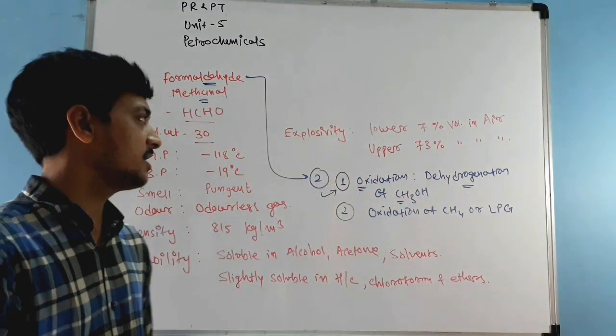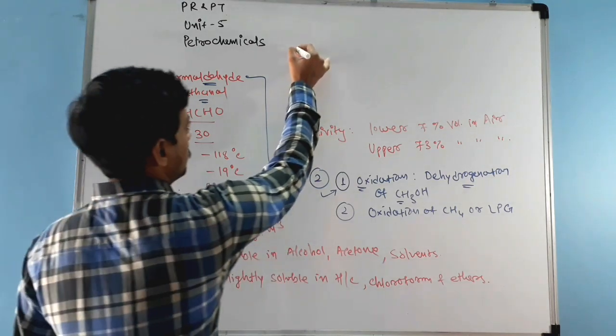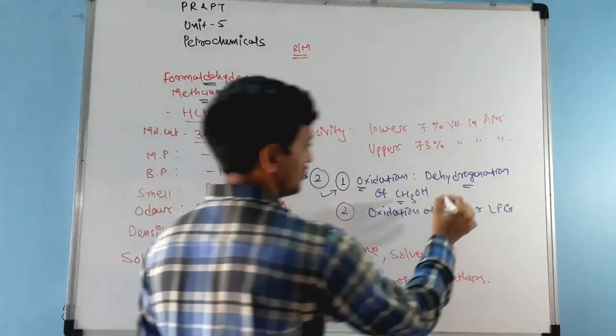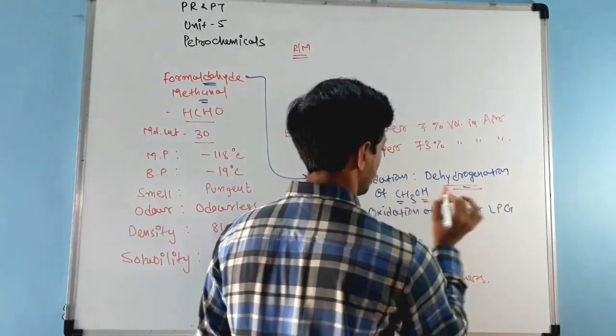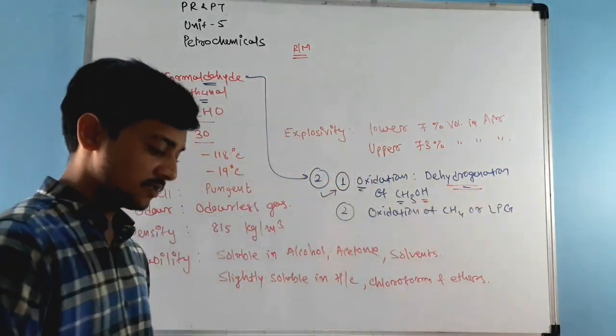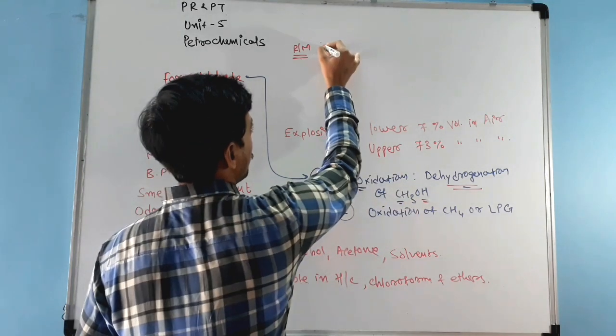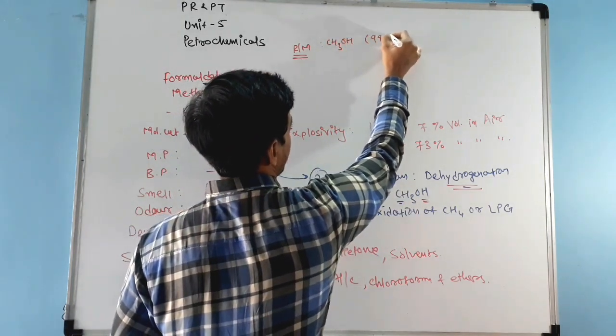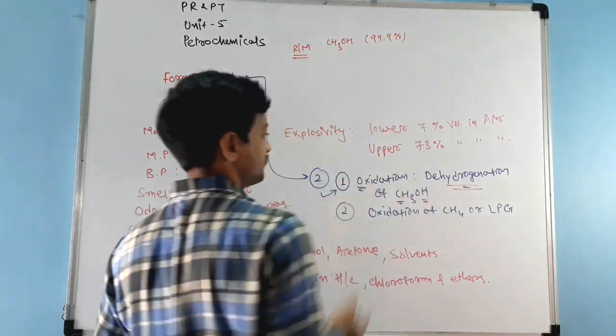What are the raw materials for the process? First one, methanol, 99.9% purity.